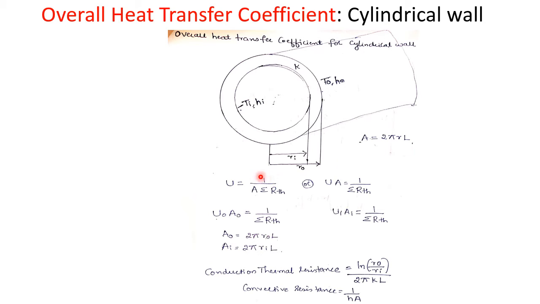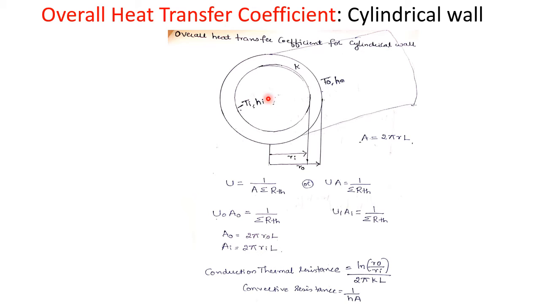We already know that the overall heat transfer coefficient is given by U = 1 divided by A into sigma of thermal resistance, or I can write this equation as U into A is equal to 1 divided by sigma of thermal resistance.